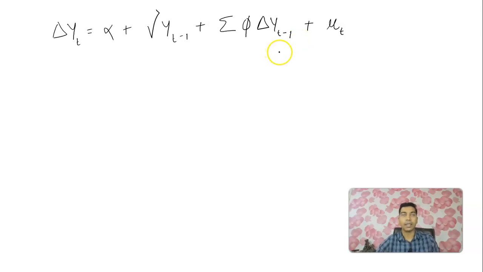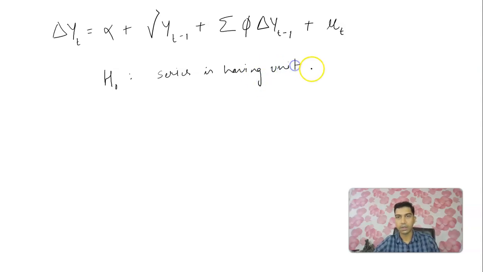Now, in the previous lecture I have not explained the decision rule, whether a series is stationary or not. So how do you build it? Your null, H naught, is that the series has a unit root.